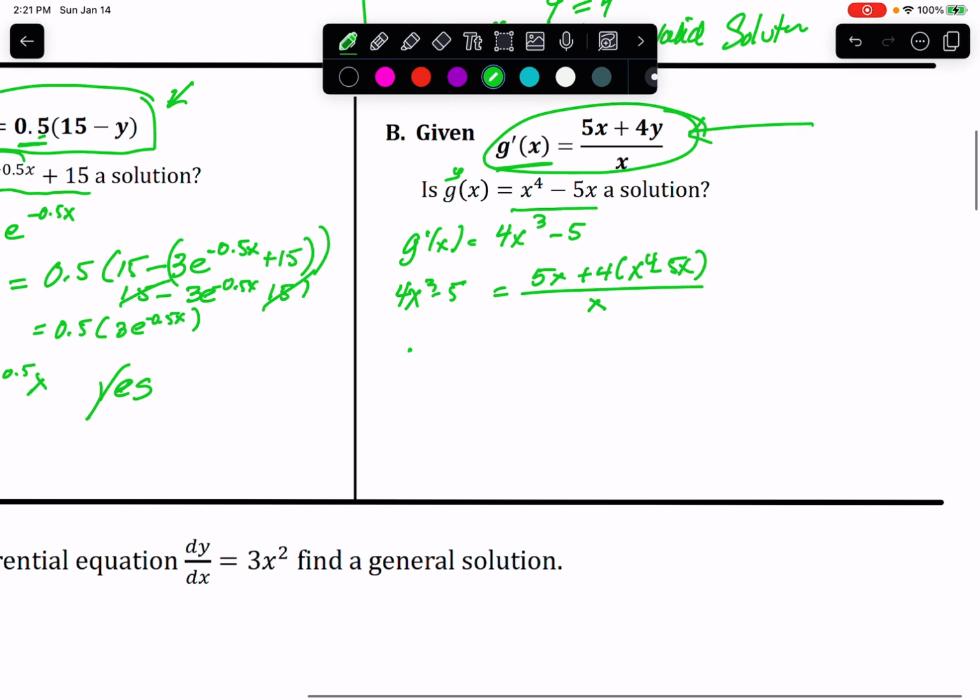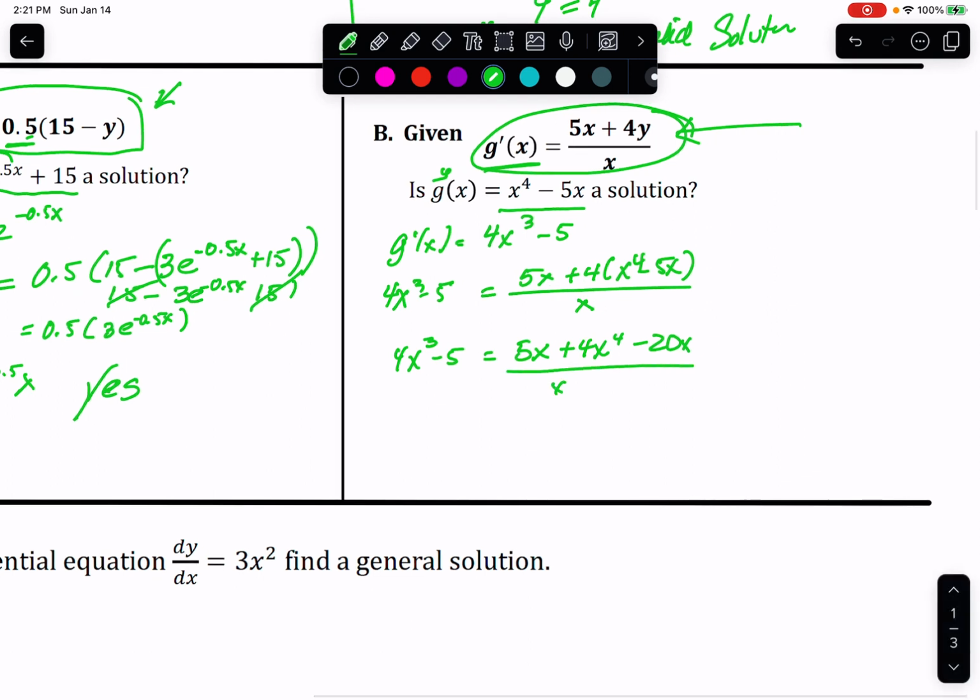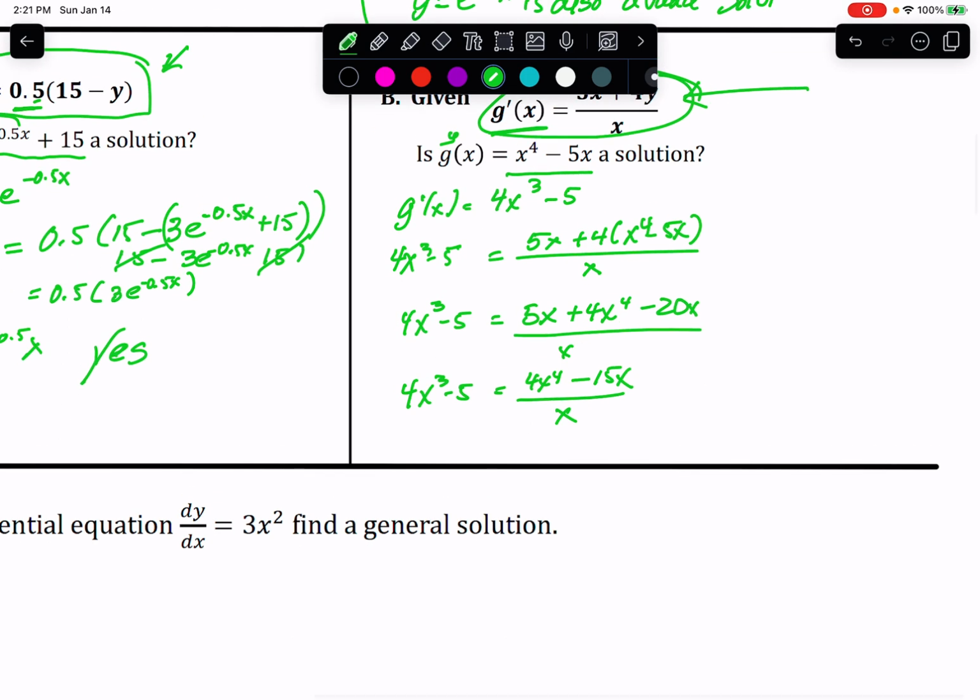So we have 4x cubed minus 5 is 5x plus 4x to the 4th minus 20x over x. So 4x cubed minus 5 equals, let's see, 4x to the 4th minus 15x over x, or 4x cubed minus 15, and they are not the same.